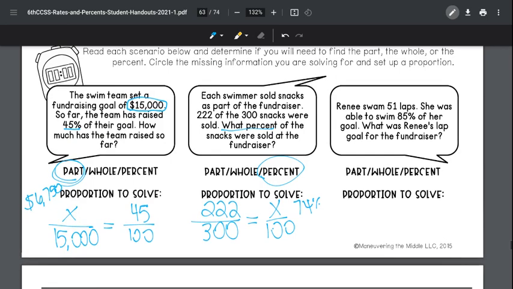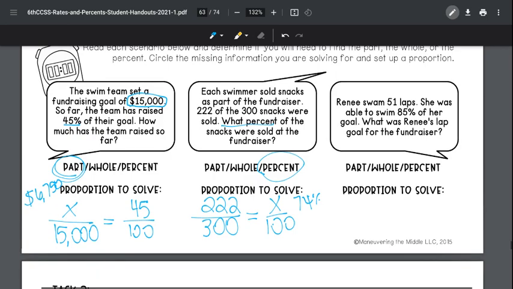Renee swam 51 laps. She was able to swim 85% of her goal. What was Renee's lap goal for the fundraiser? We're looking for our goal. We're looking for our total, which is the whole thing. Okay? So she swam 51 laps, but I don't know how many laps she really wanted to do.